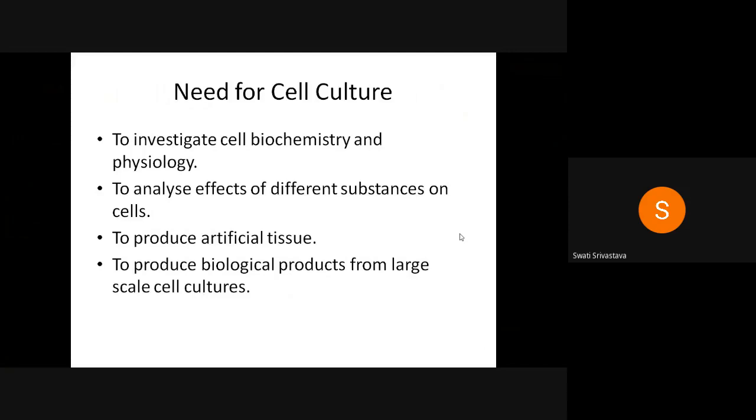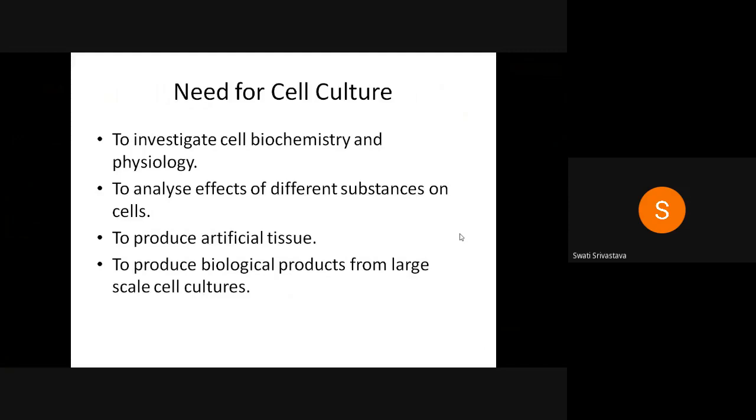in cell cultures. Then next is you need to analyze the effect of different substances on the cells. Suppose a drug or a medicine has been given to a person, then that medicine will first be metabolized in the liver cells, then it will go to the target organ and then produce an effect.